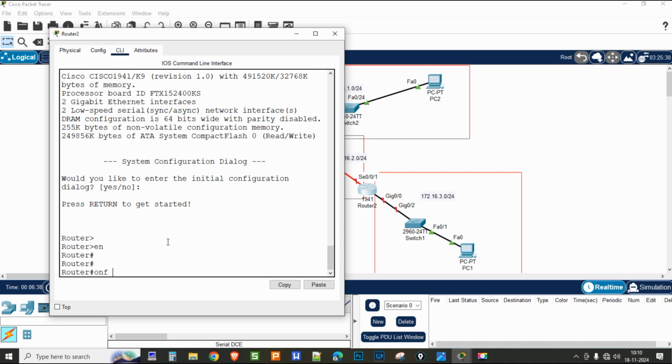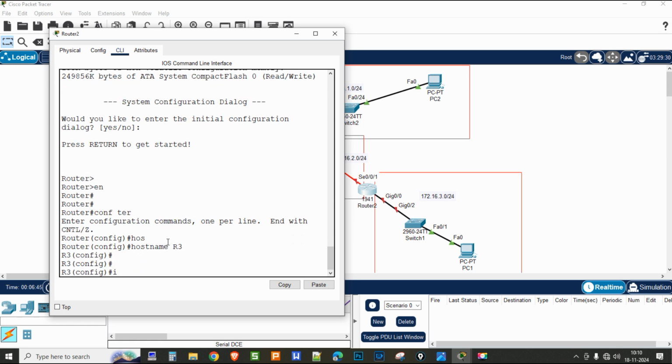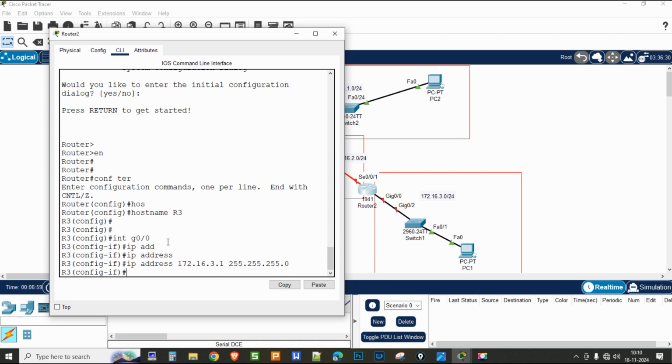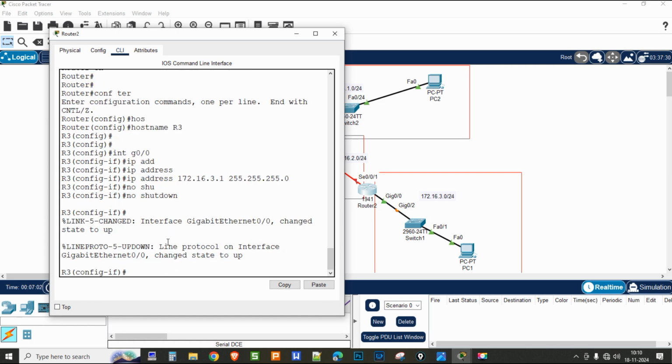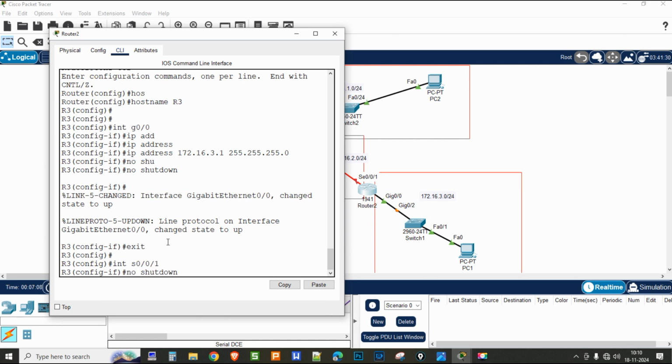Enable, go to the global configuration mode, hostname R3, interface G0/0, IP address 172.16.3.1 followed by subnet mask, serial interface 0/1, here 2.1.